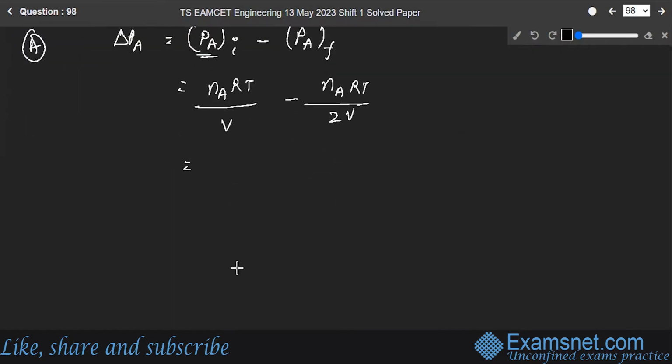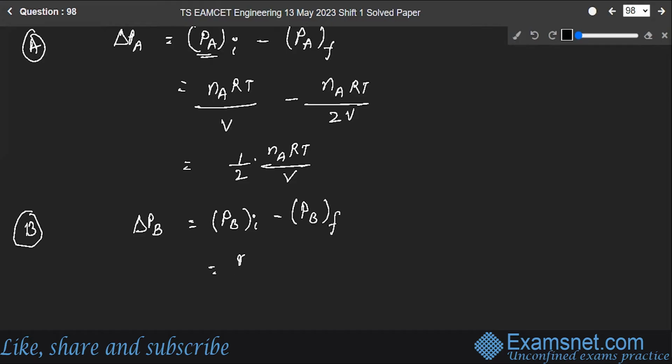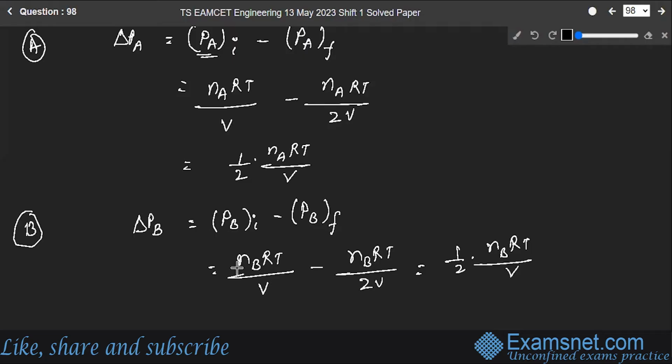So this is equal to 1 by 2 into nART upon V. Similarly for the chamber B, you have delta PB is equal to PB initial minus PB final, which is equal to nBRT upon V minus nBRT upon 2V, which is equal to 1 by 2 nBRT upon V.